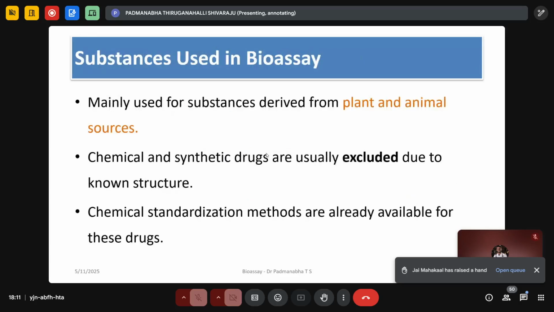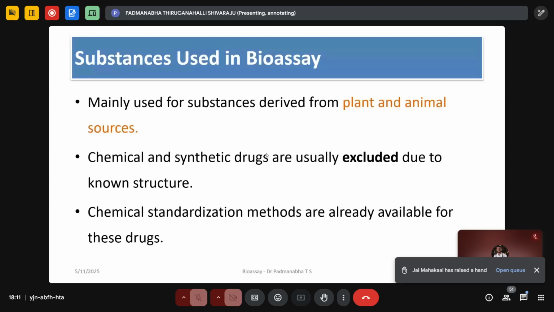Coming to the substances which are mainly used in the bioassay. As we said, we use substances which are mainly derived from natural products. It can be from a plant source as well as an animal source. Chemical or synthetic drugs are usually excluded because we know the structure as well as how a structural change can bring the effect. Chemical standardized methods are already available and it's easy to predict the effect when we talk about chemical and synthetic drugs.